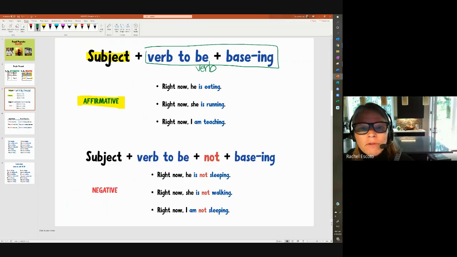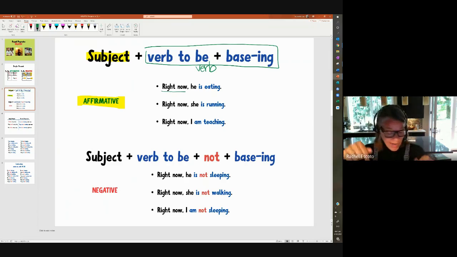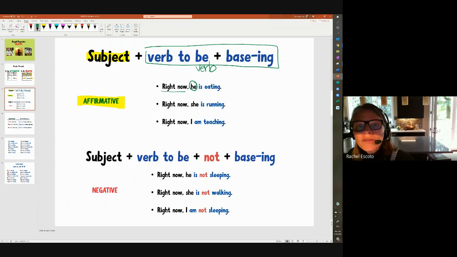So we get, for example, right now, in this moment, he, subject pronoun, is eating, verb. And then the he agrees with the verb to be, he is eating. And in the affirmative right now, she is running.